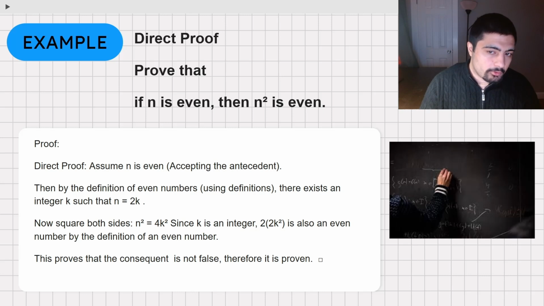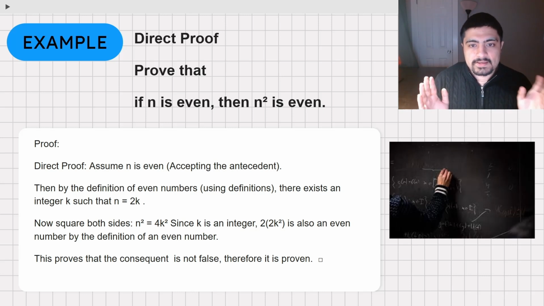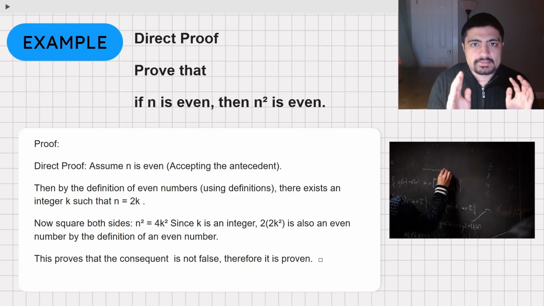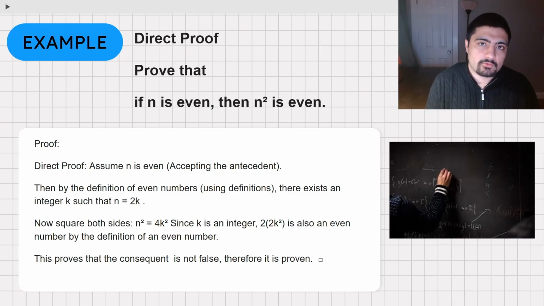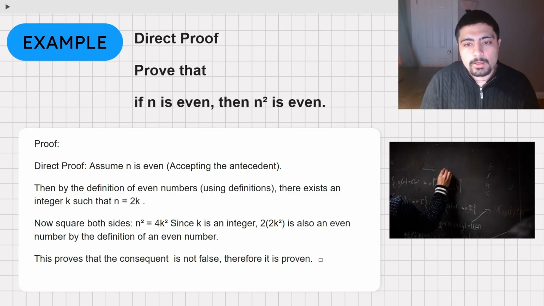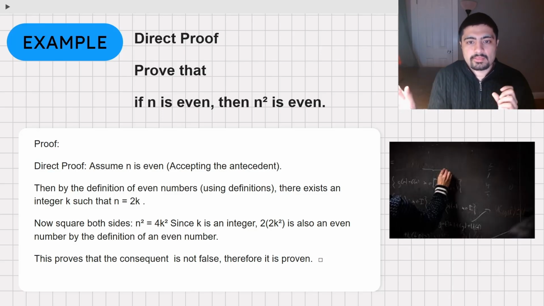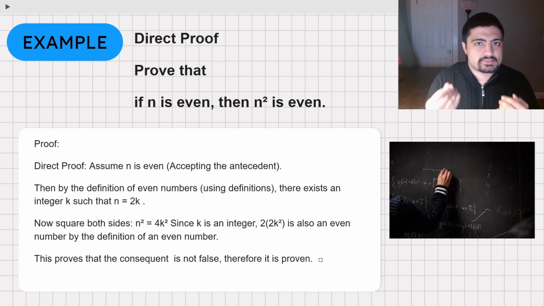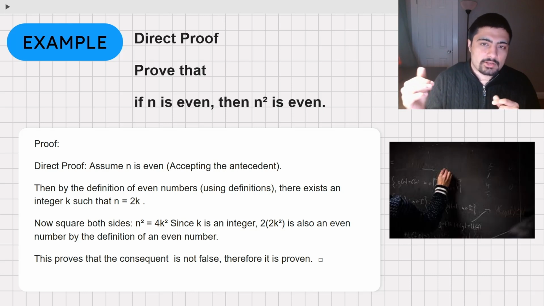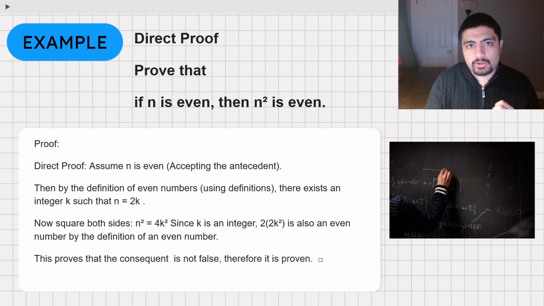First of all, analyze this statement as P and Q. The initial antecedent, n is even, is our P. You can call it whatever variable you want, but just for the sake of argument I will call it P. The "if" and "then" are a sign that this is an implication statement. So n squared is even will be our consequent, and I will call that Q.